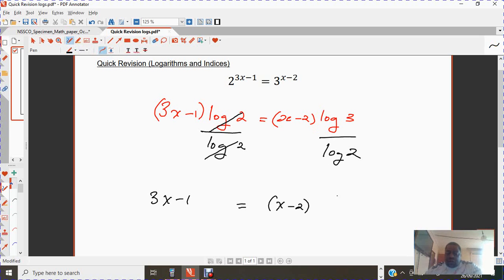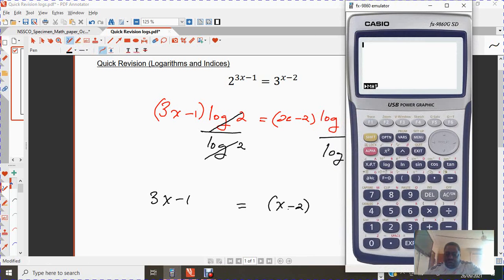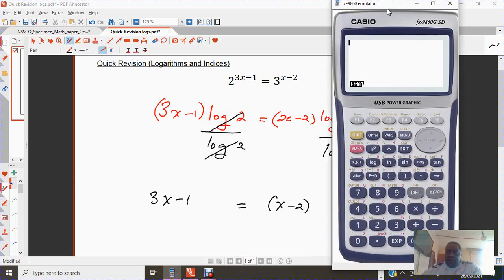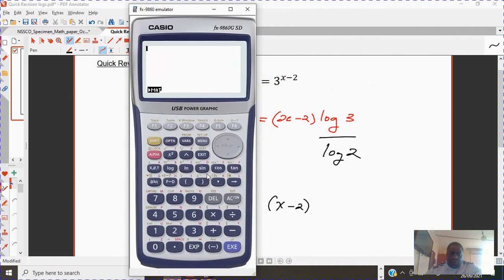So you want to take your calculator and divide log 3 by log 2. You say log 3, and then you divide that by log 2, and you're going to get such a big number.